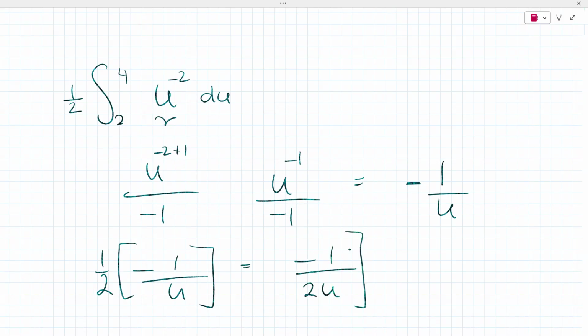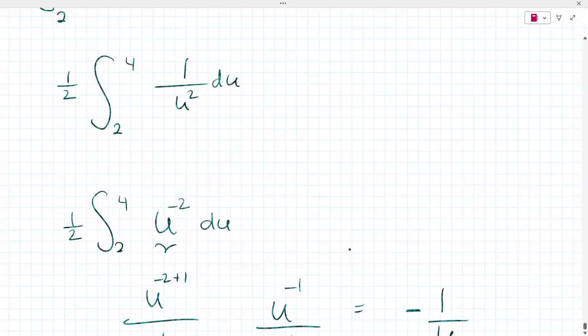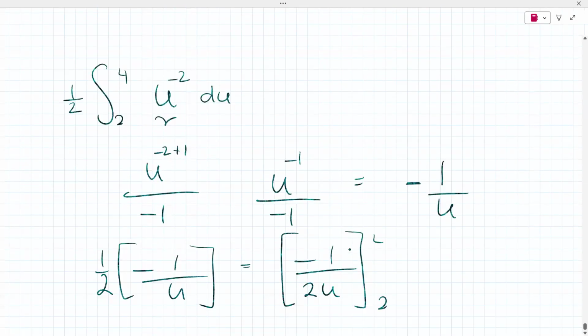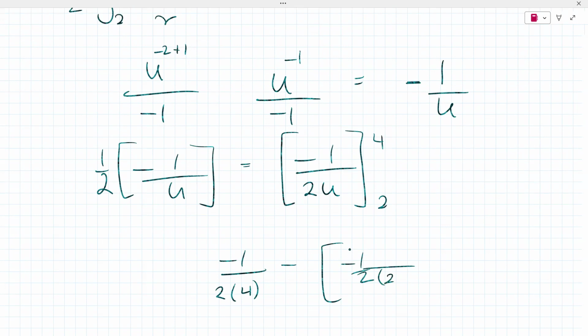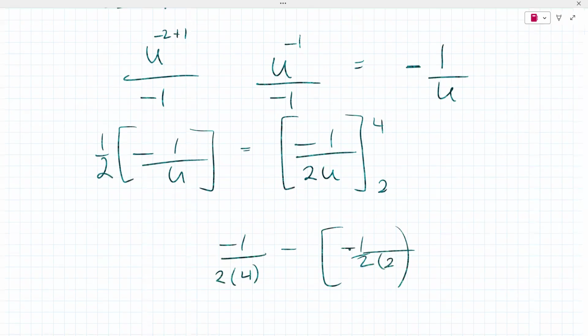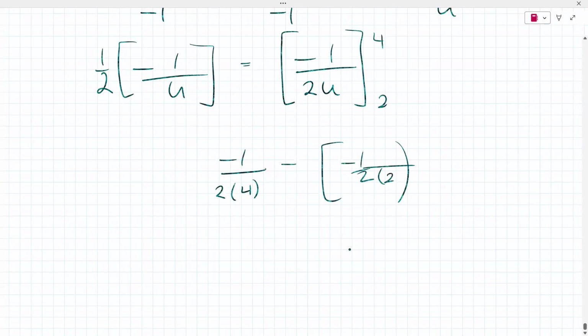And then you do the lower and upper: negative 1/2u, from 2 to 4. So when you put this all together, you should get 4 over 30, right? Negative 1/8 minus negative 1/4.